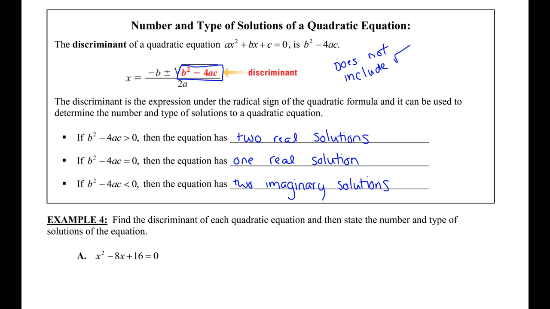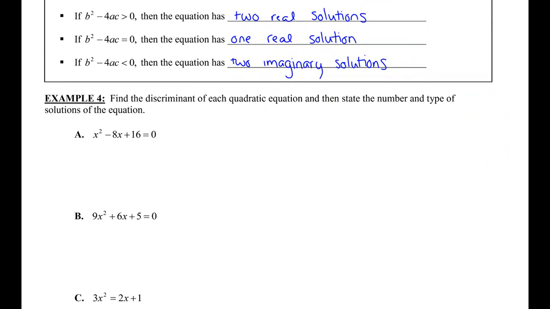Let's go down and look at an example. So for example 4, I want to first again check and make sure one side is equal to 0. After I do that, I can identify my a, my b, and my c values.